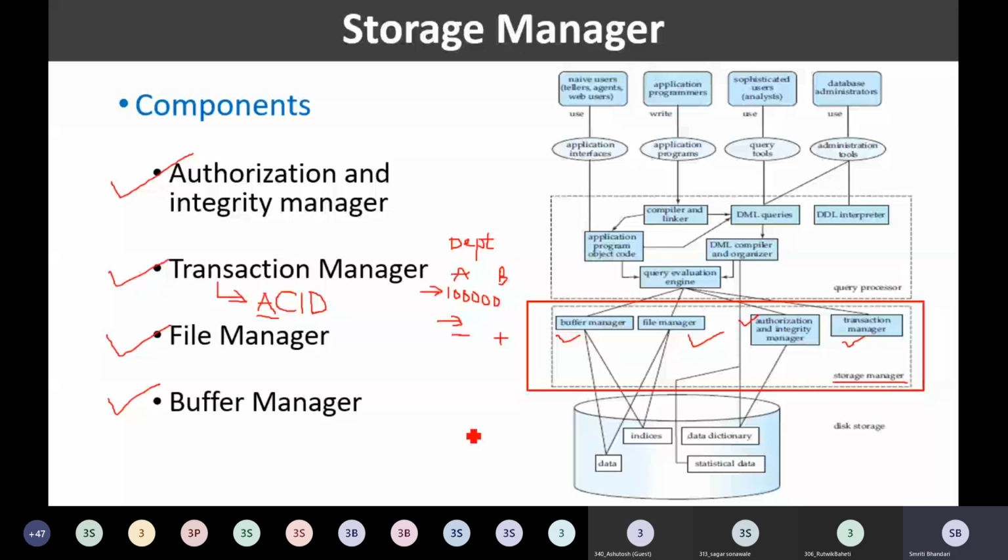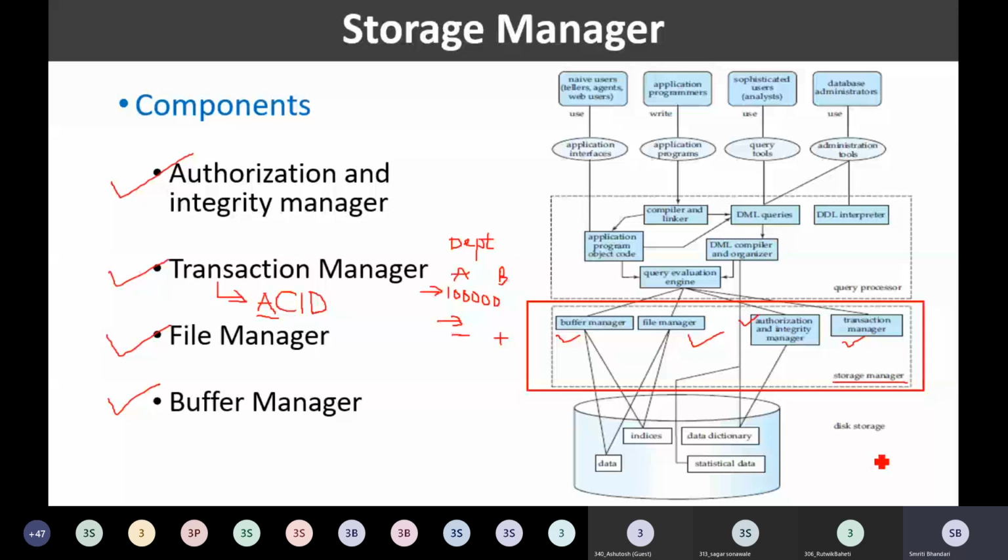As I mentioned earlier also, our main memory is having very low capacity and our actual data that is being stored in the disk is of huge capacity. So whenever we want to manipulate that data, it is not possible for us to accommodate the entire data stored in my disk into the main memory.